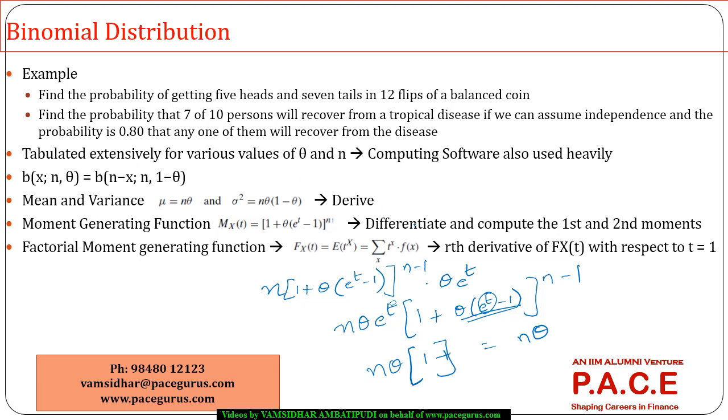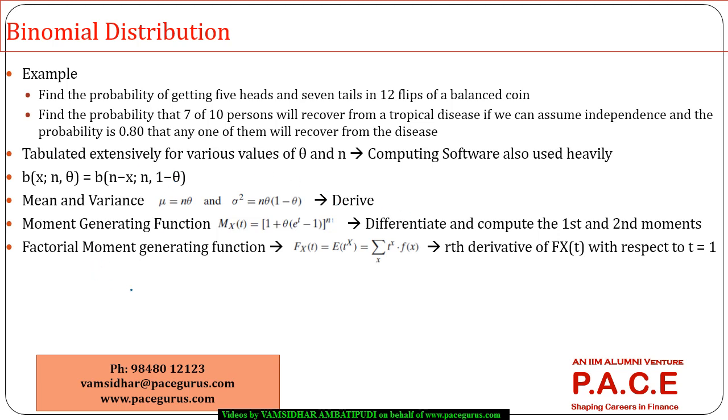So I can get the mean as n theta out here. Now the same logic, if I apply it to get my second moment, the first derivative is coming out as n into (1 plus theta (e power t minus 1)) to the power n minus 1 into theta e power t.